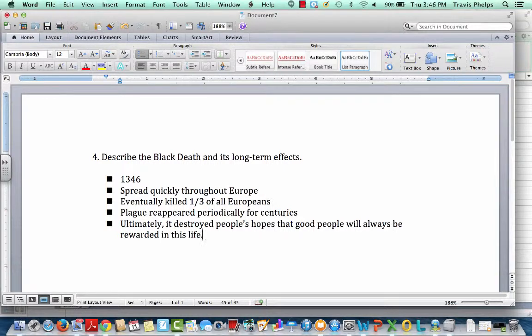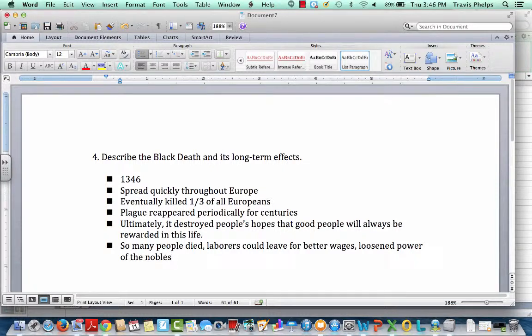So I've written that, and then also I can say that it also changed the way that tenants and their owners interacted, because so many people died. So many people died that farm laborers could leave and get better wages. And so it loosened the power of the nobles.